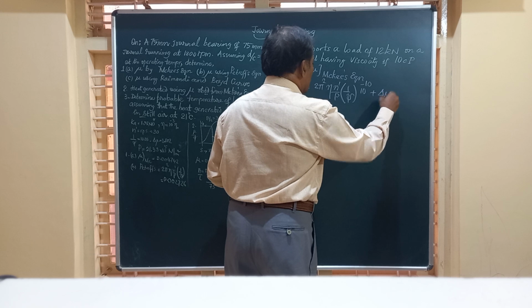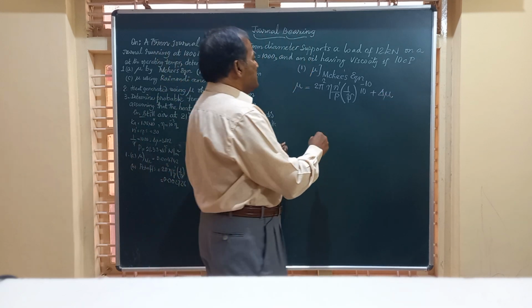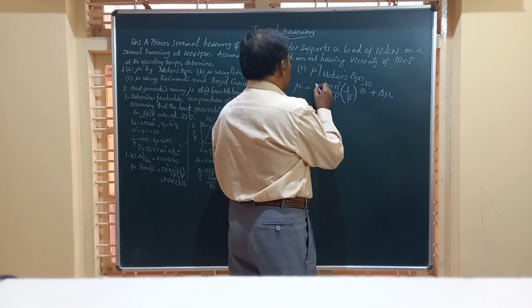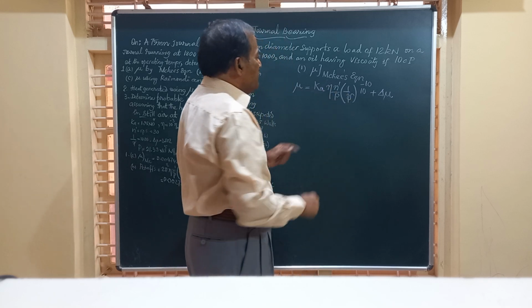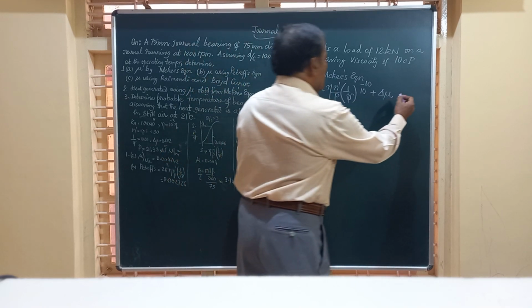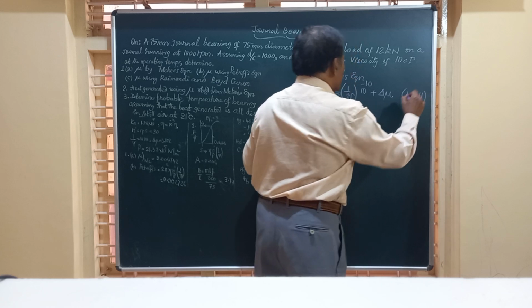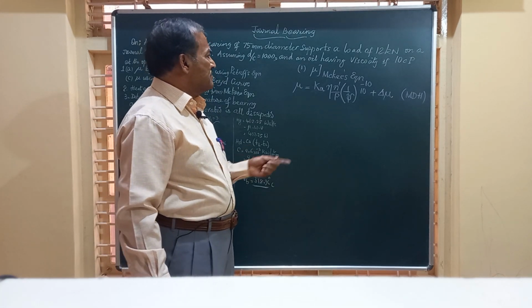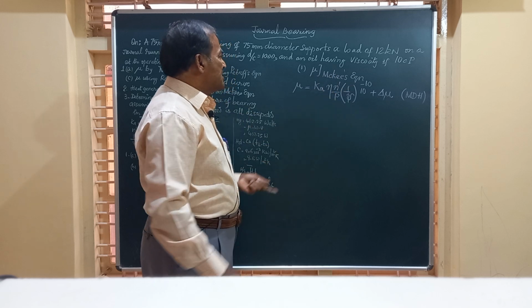This is Mackey's equation, and this equation is available in the machine design data handbook. This is Ka eta n dash by p 1 by psi. So this is available in MDH in the chapter design of journal bearings. Friends, we want to find out what this mu is using the equation.